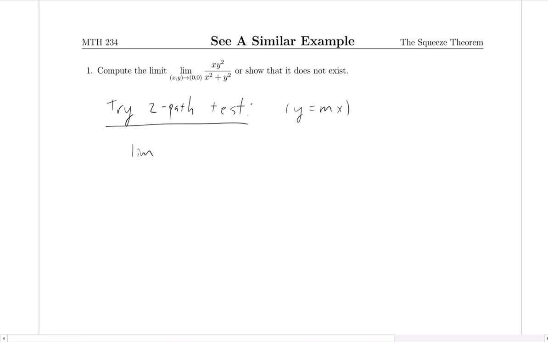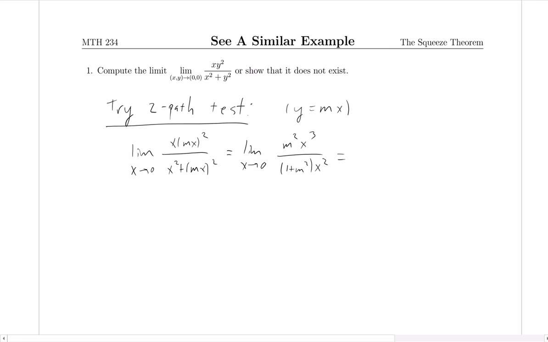So we'll approach along all possible straight lines, y equals mx, and what will we get? If we plug in y equals mx, we get x times mx squared over x squared plus mx squared, which is m squared x cubed over x squared plus m squared x squared, which is 1 plus m squared times x squared.